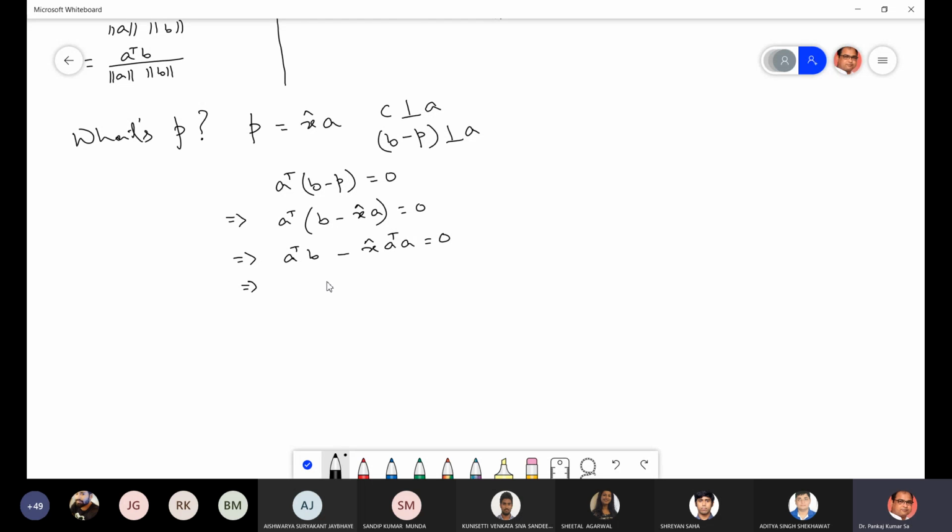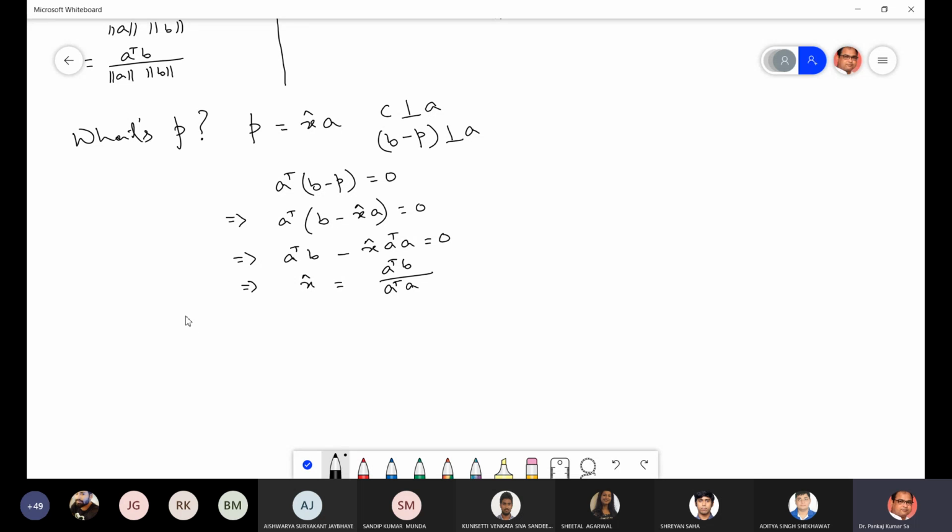So this implies that x cap is equal to A transpose B divided by A transpose A. A transpose B is a row vector times a column vector, which becomes a scalar quantity, and the denominator is also a scalar quantity. So this becomes a scalar quantity.